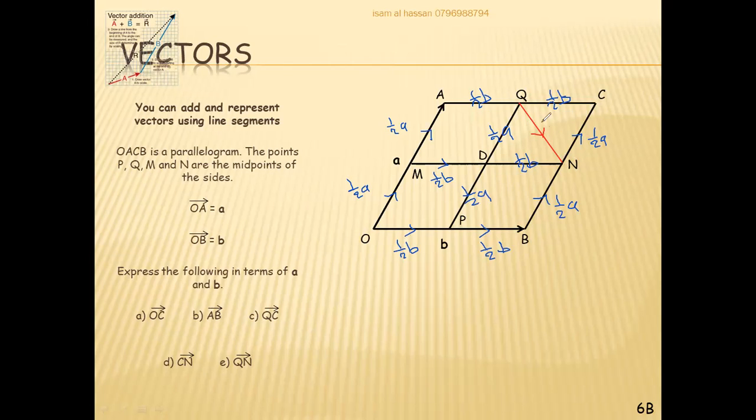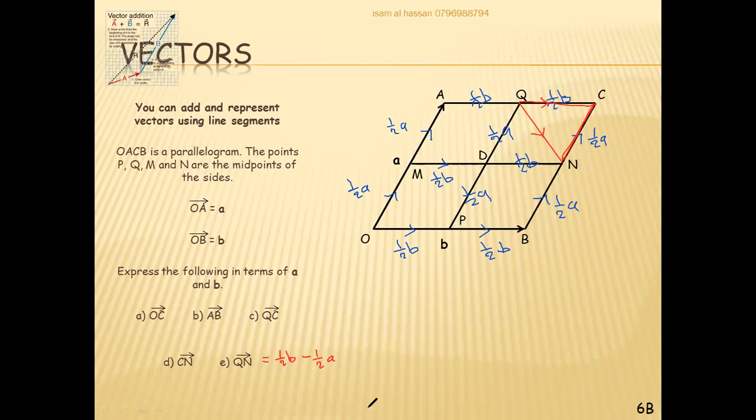If you are going that side, that's NQ. So QN is, because of the direction of those vectors, QC plus, so that's QC, that's half b, minus, because the direction is switched, half a.